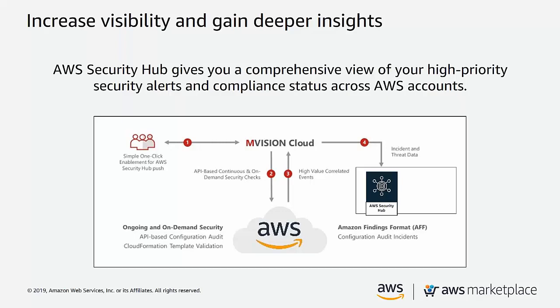So with Security Hub, it's going to give you this comprehensive view, and we have a thing in Security Hub called a finding, which is essentially like, hey, we found something, right?